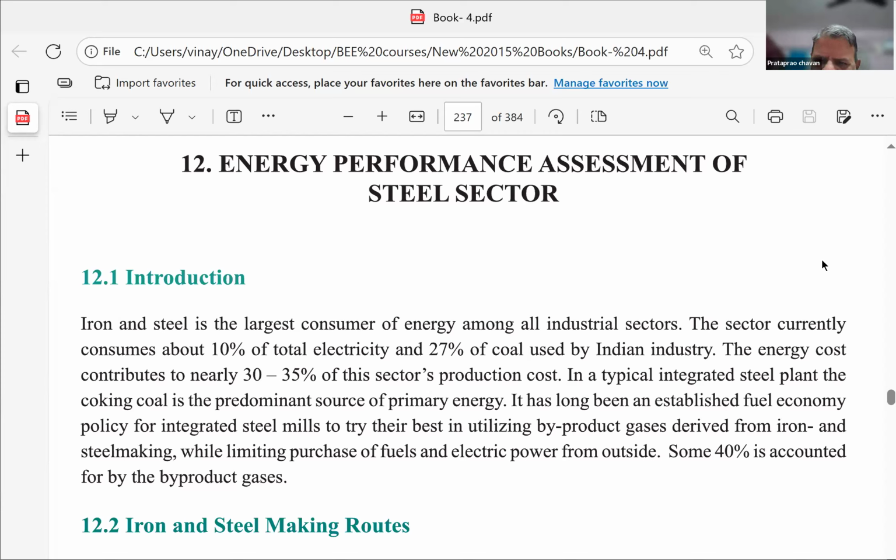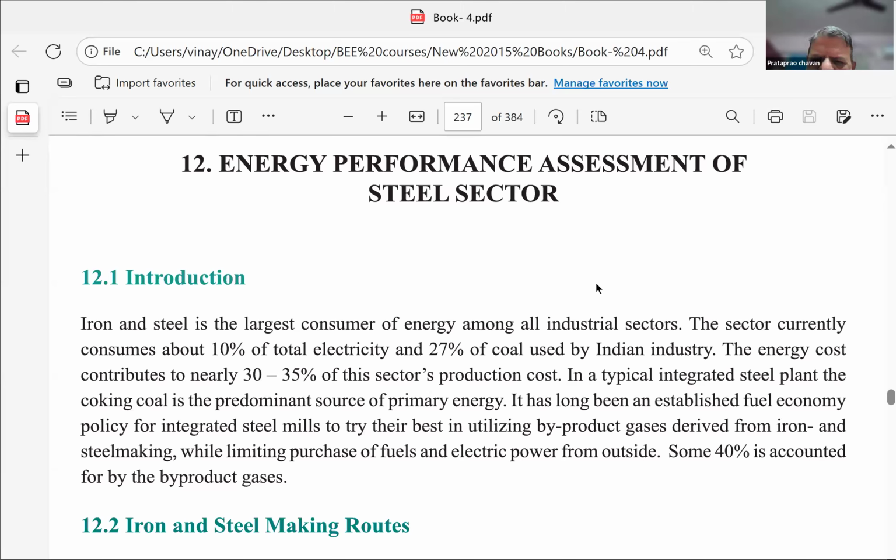This is common, whether the heat is transferred to the process steam or the flue gases or whatever. So mCp delta T, never forget. Let the industry be anything, fertilizer or steel or cement, paper and pulp, these names are only different.